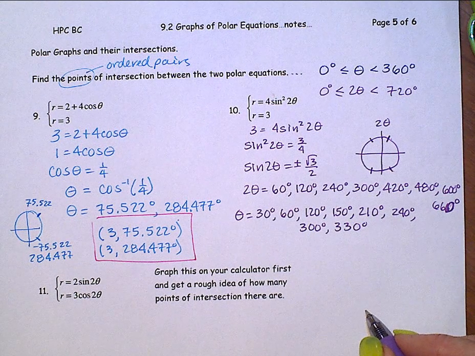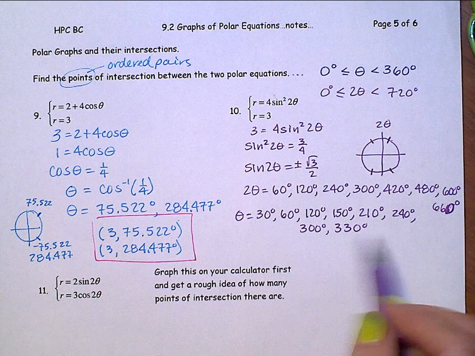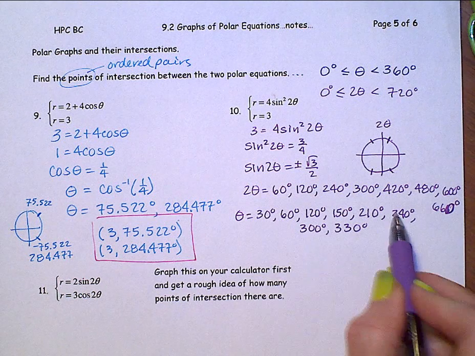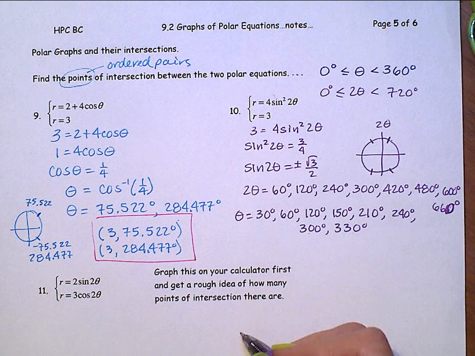Your answer here then is ordered pairs, and the ordered pairs are all 3 comma each of these degree values. So there are 1, 2, 3, 4, 5, 6, 7, 8 points of intersection.